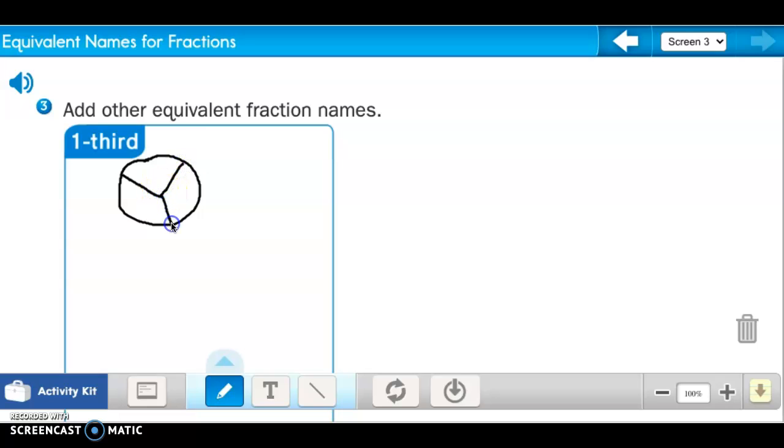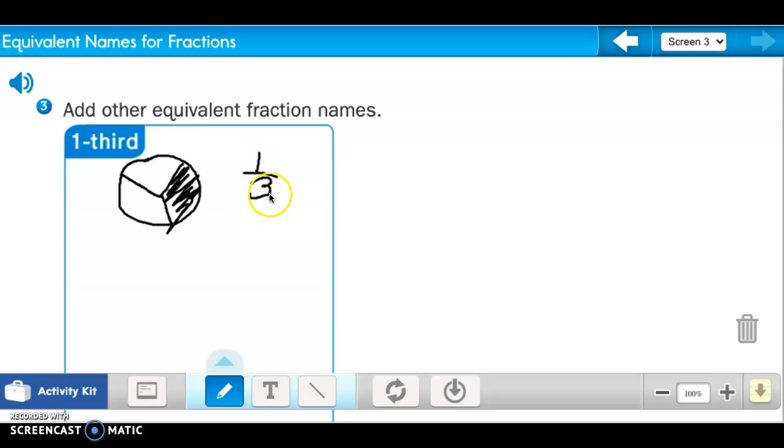There we go. And then we will shade this part. It doesn't really matter which one we shade, but we've got to do 1/3. So this is 1 out of 3. The numerator is 1, the denominator is 3.